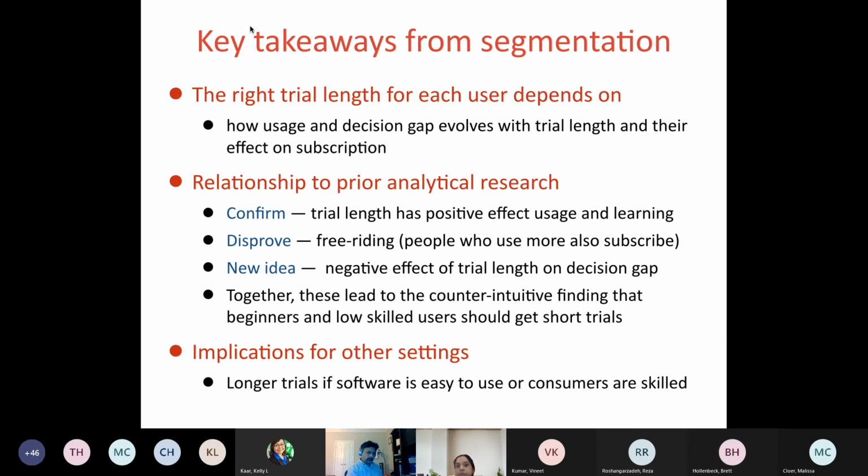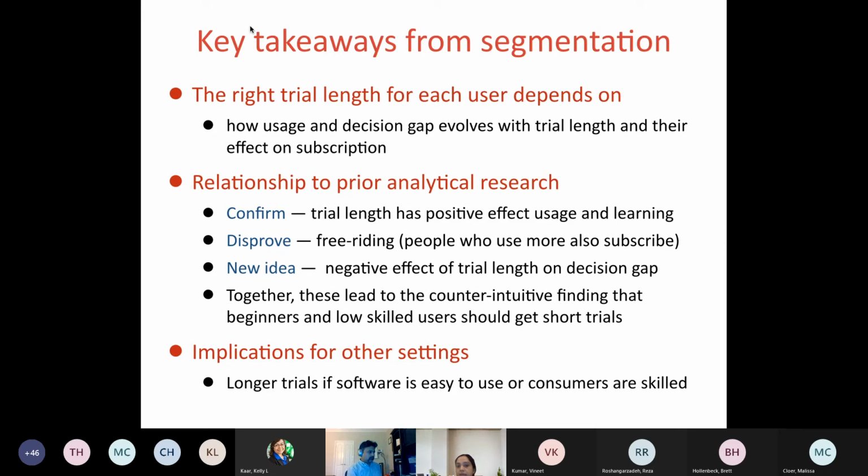That doesn't happen. There's also a new idea which has not been explored so much previously in the literature: when you give long trials to people and there's no urgency to subscribe, they end up waiting and not using the product. And when they have this big gap in usage, they end up not subscribing as a result.